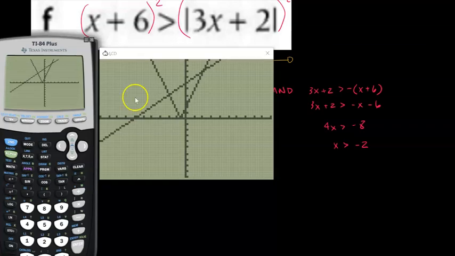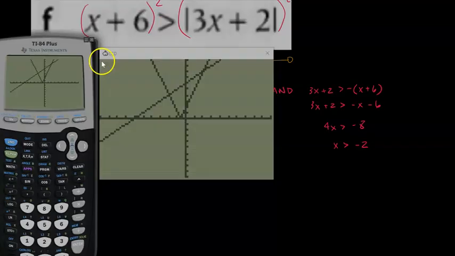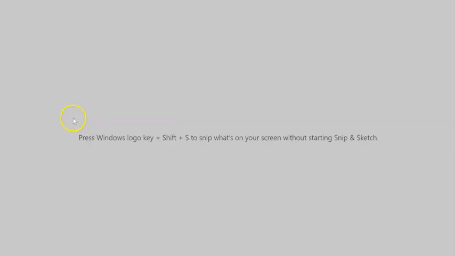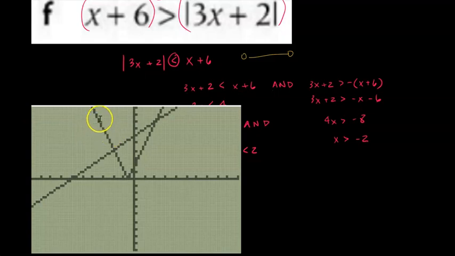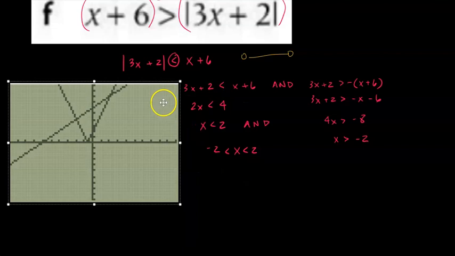So let me go ahead and take a picture of this here so I can explain it a little bit better. Kind of like that. So I wrote here that the output of the absolute value has to be less than the output of the linear function.